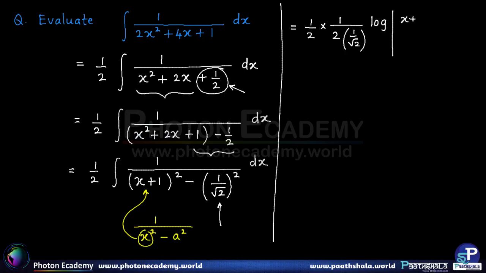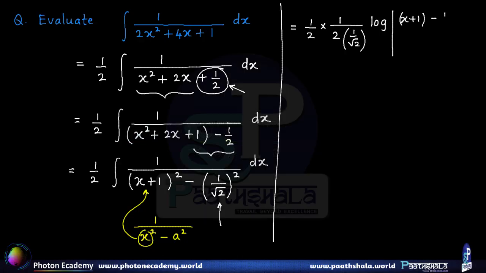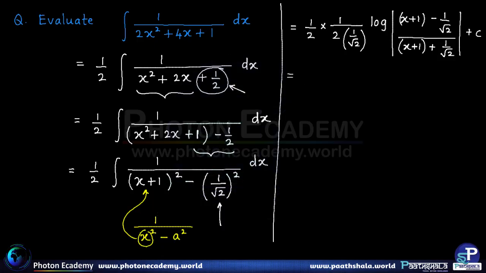Now here our x is nothing but x plus 1, minus a means minus 1 upon root 2 upon x plus a. Once again x means x plus 1 and a is nothing but 1 upon root 2 plus c.